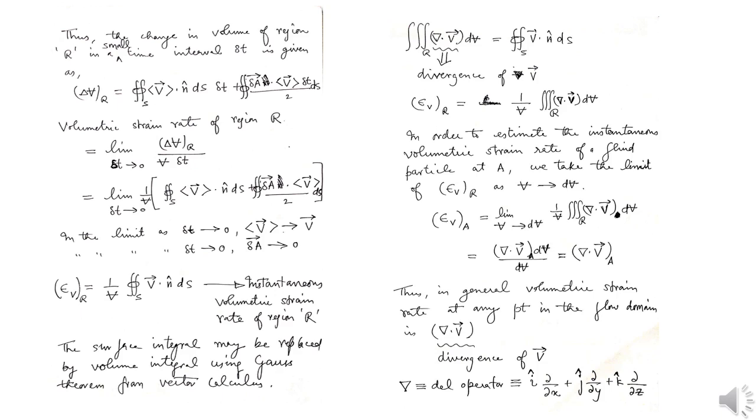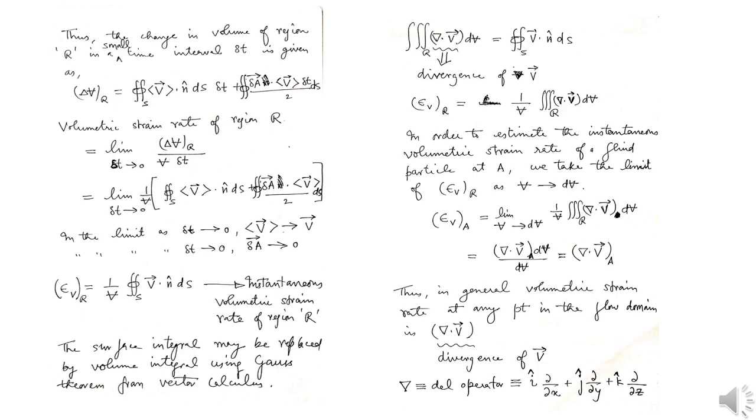We will discuss this immediately after deriving the volumetric strain rate at a point. So let us for the time being defer the understanding of this operator symbol, the inverted triangle.